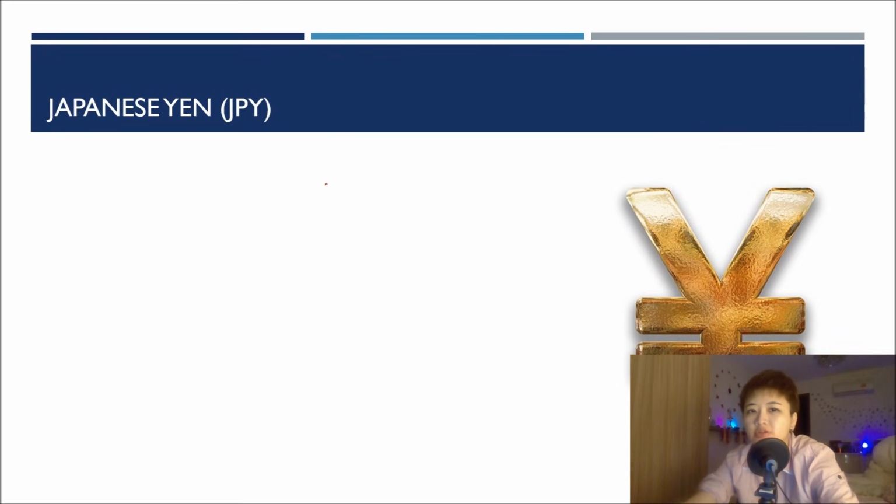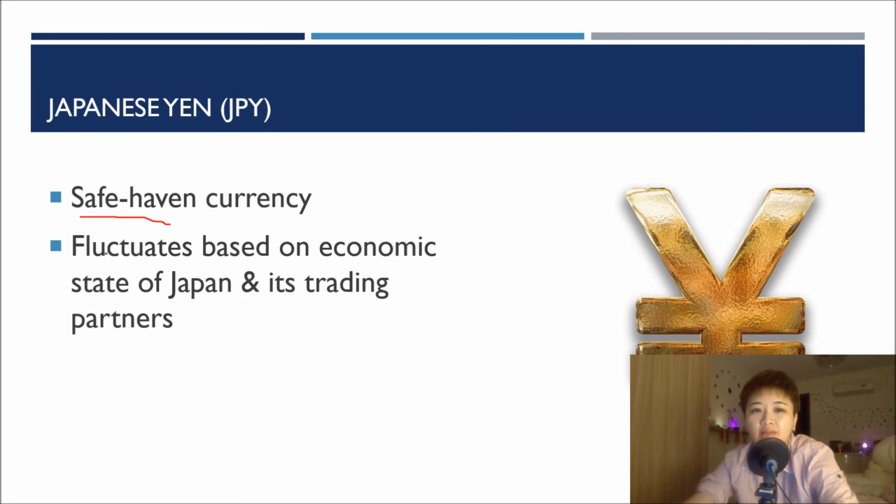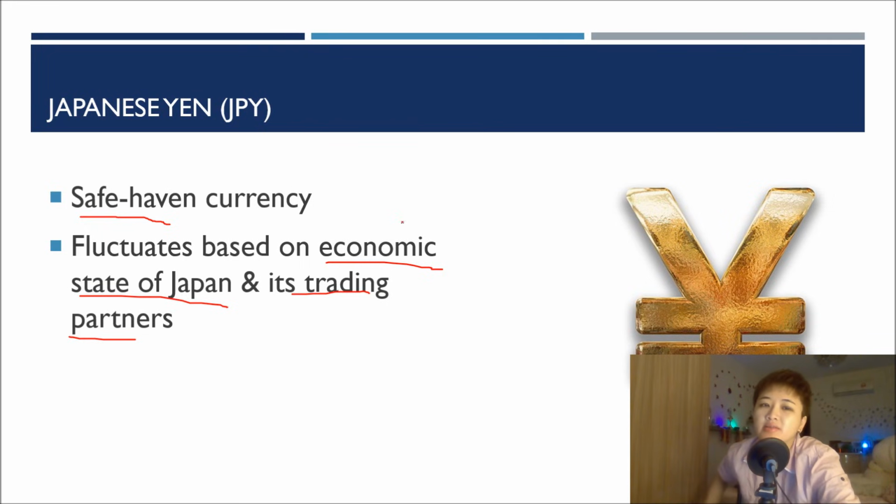The next currency I want to talk to you about is Japanese yen, JPY, and it is a very popular safe haven currency. This means that when times are bad, you will see the yen going up, and it fluctuates based on the economic state of Japan and its trading partners. In fact, you realize that economic data from Japan doesn't move the yen that much.